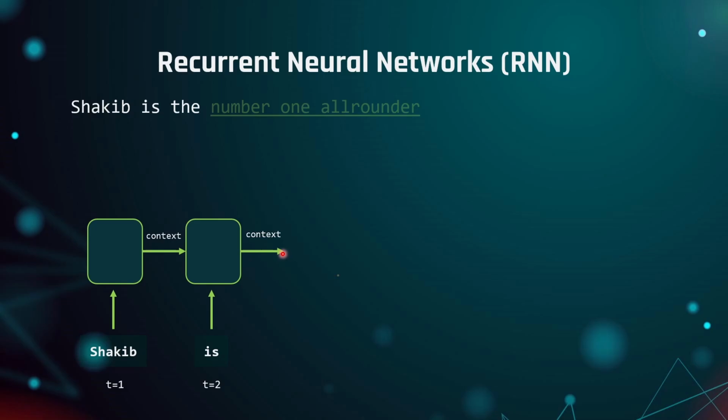Okay, so this context is updated, it has information of both is and Shakib, it has the memory of previous words. Now this updated context will again be fed to itself at time step 3, where it would also take as input the third word, which is the, and it would generate the final context.